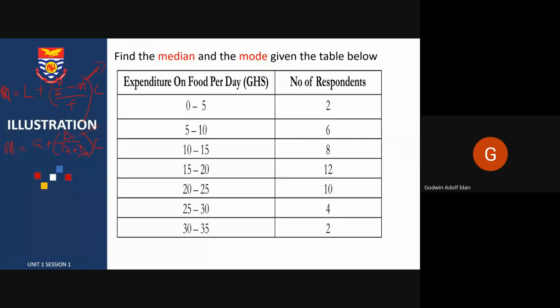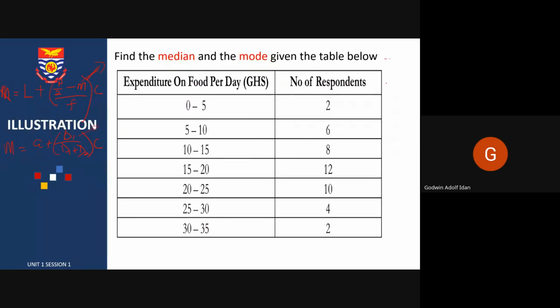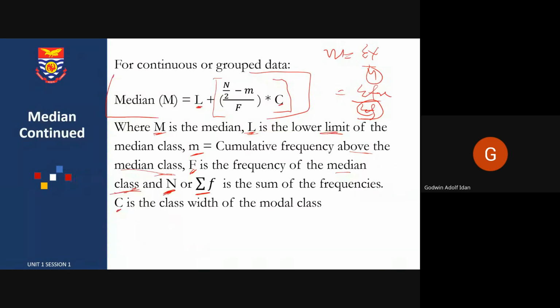Once we get it, D1 is looking at the difference between the frequency of the modal class and the frequency just before the modal class. And so we only need our cumulative frequency.